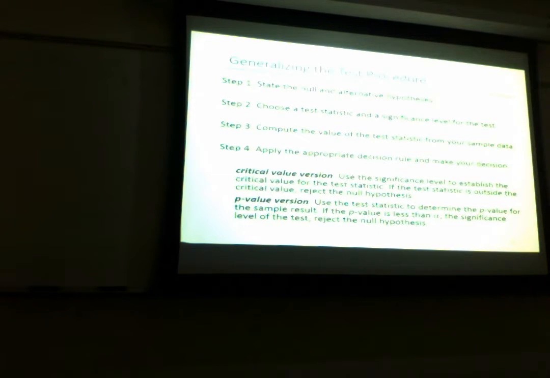So if we're going to reject something, it will be past the critical value on one side or the other, and the p-value of our statistic will be less than the significance level that we chose. Say, all right, it's only 2% likely to happen, our significance level is 5%, we reject.